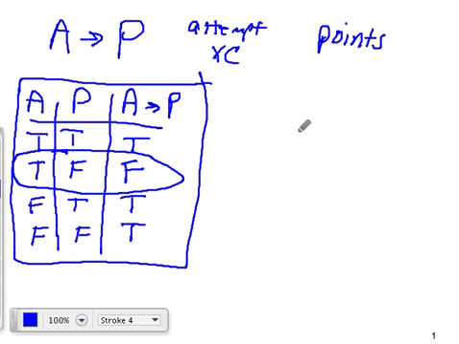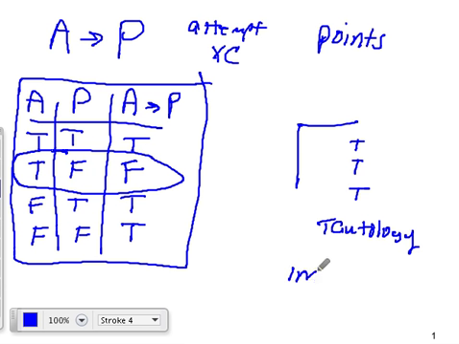Now, if I have a conditional and all of my final values are true, and you'll see that at some point in the future, not only is it a tautology, but it's known as an implication. An implication is when you have a conditional and all of the possibilities are true.